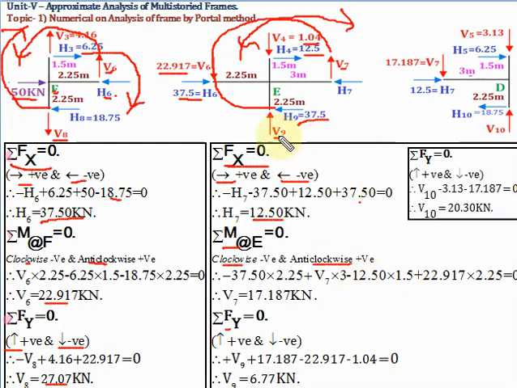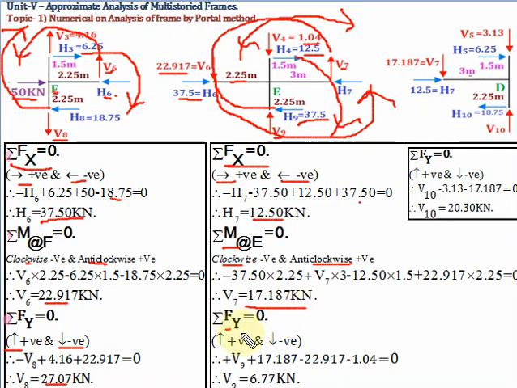Then 12.5, how is 12.5 acting? Clockwise, minus, into distance 1.5, plus V6, this force is acting anti-clockwise, so plus, into 2.25, the distance. After solving this we'll get the value of V7, that is 17.187 kilonewton.